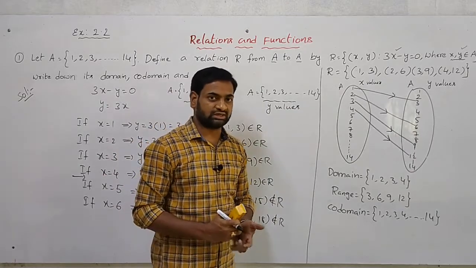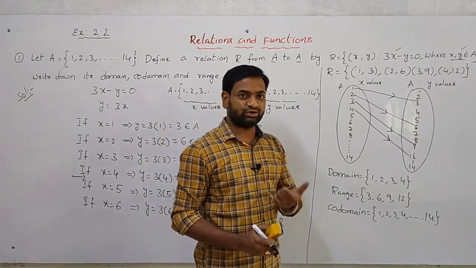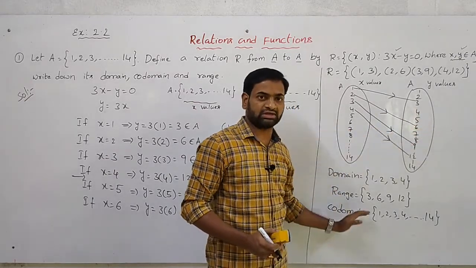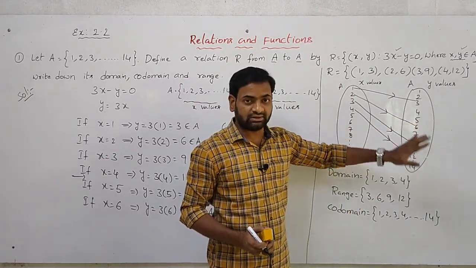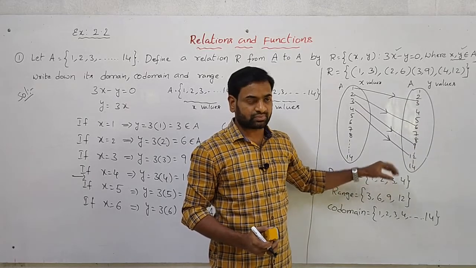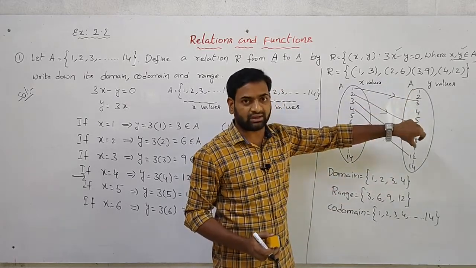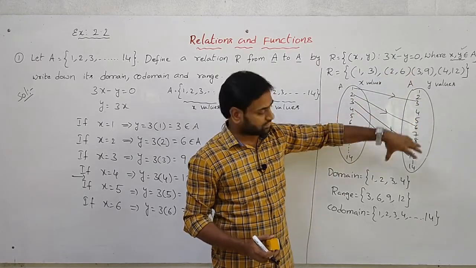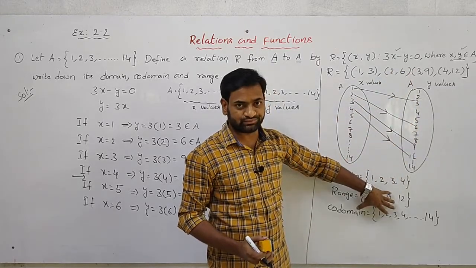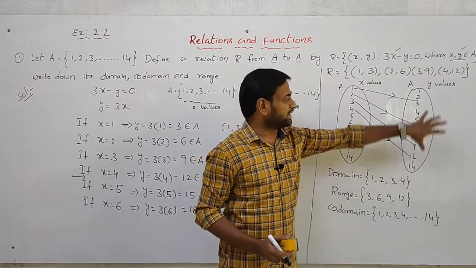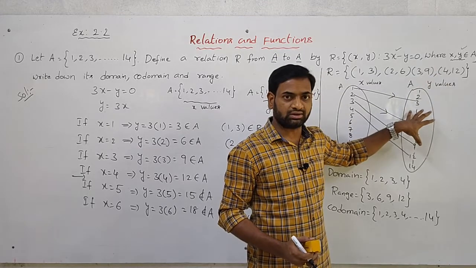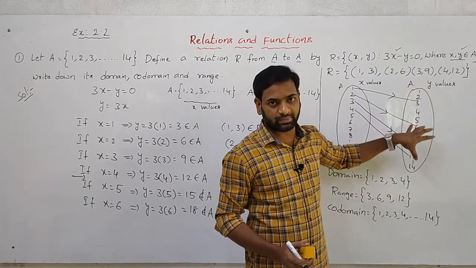Now we understand the difference between range and codomain. Range is second elements, codomain also second elements. But range means the elements which are in the mapping or in the relation. Those elements are called range. Codomain means the entire set of elements, either in the mapping or not in the mapping.